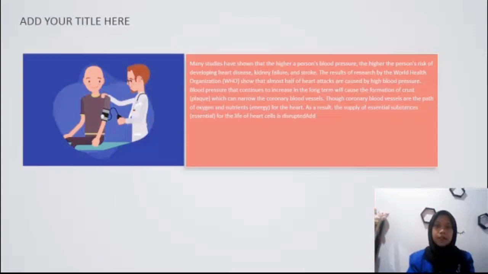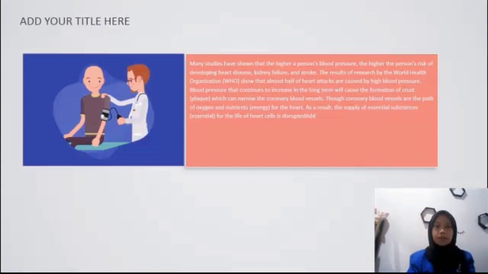The results of research by the World Health Organization, or WHO, show that almost half of heart attacks are caused by high blood pressure.